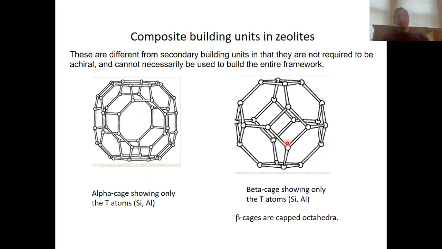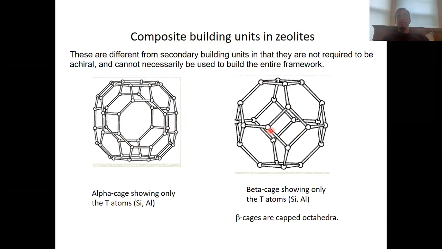In these composite building units, only the centers of the tetrahedra are shown for clarity, not the entire tetrahedral building units themselves. In this alpha cage, you have 4-membered rings, 6-membered rings, and 8-membered rings, while in the beta cage, you have only 4-membered rings and 6-membered rings.